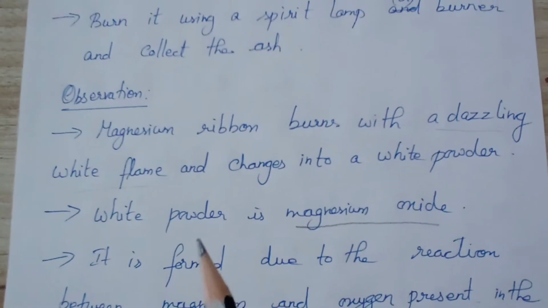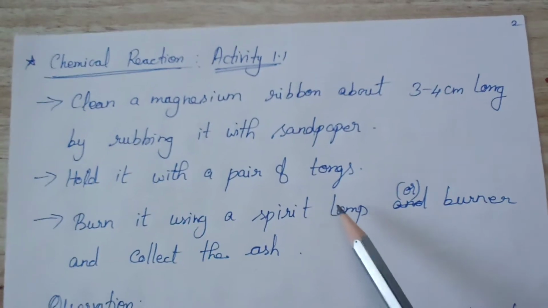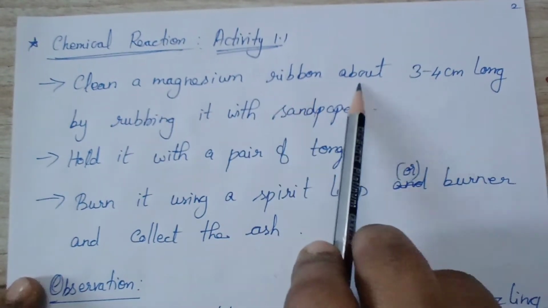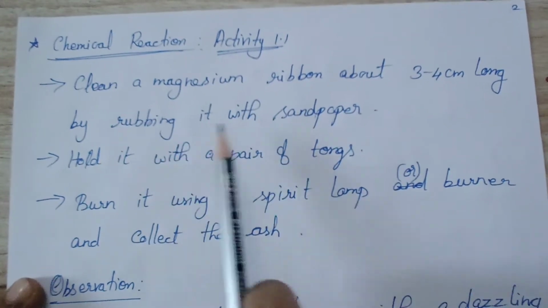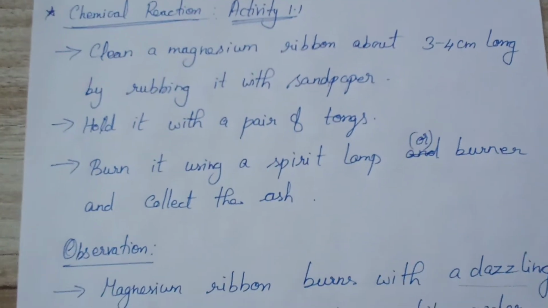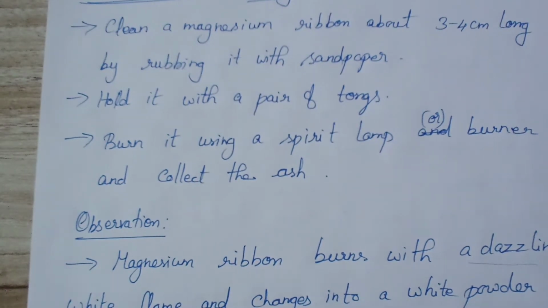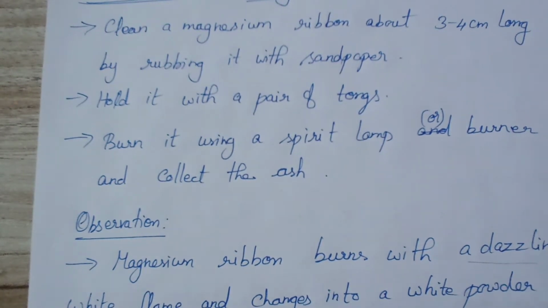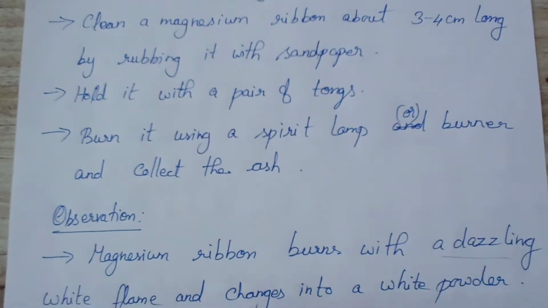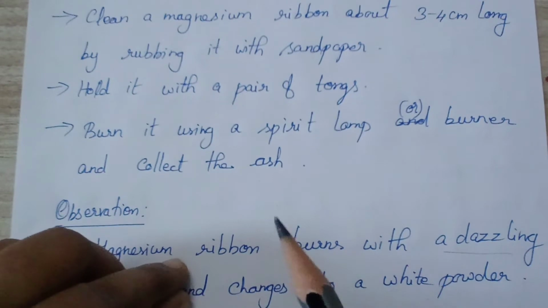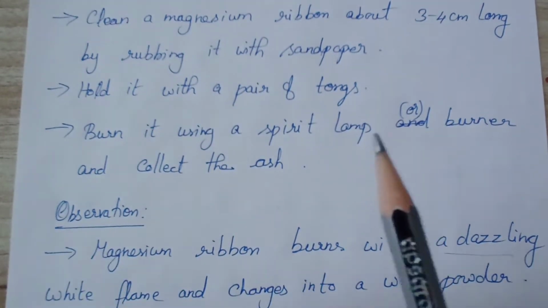So this is your first activity: clean a magnesium ribbon about 3 to 4 cm long by rubbing it with sandpaper. Why do we rub it with sandpaper? Magnesium is a very reactive metal, so it already reacts with the oxygen in the air, and a small layer of magnesium oxide is already present on the ribbon.